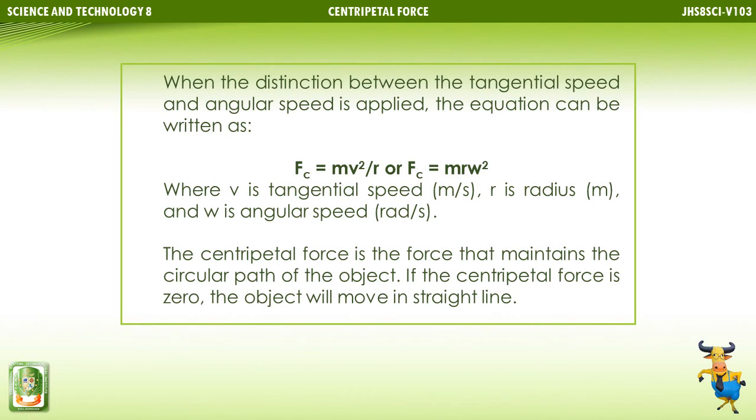When the distinction between the tangential speed and angular speed is applied, the equation can be written as F sub c equals m times v squared divided by r, or F sub c equals m times r times w squared, where v is tangential speed in meters per second, r is radius in meters, and w is angular speed in radians per second. The centripetal force is the force that maintains the circular path of the object. If the centripetal force is zero, the object will move in a straight line.